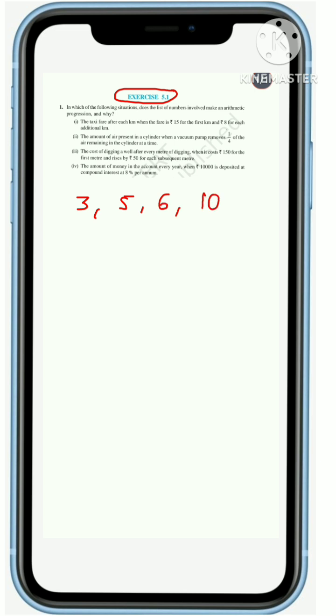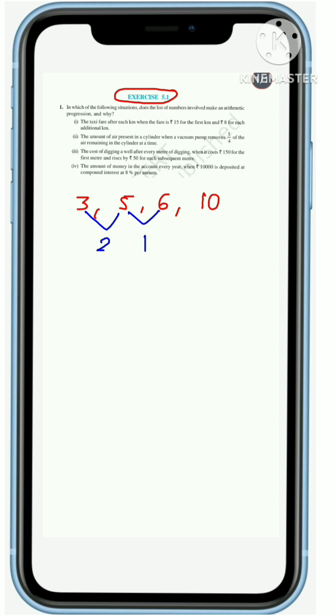and 10. Students, to check if this is an AP or not, we need to find the difference between each of the terms, and in doing so, if there is common difference, then this sequence of number is said to be an AP. So let's check its difference. Here, difference between 3 and 5 is 2, and difference between 5 and 6 is 1.